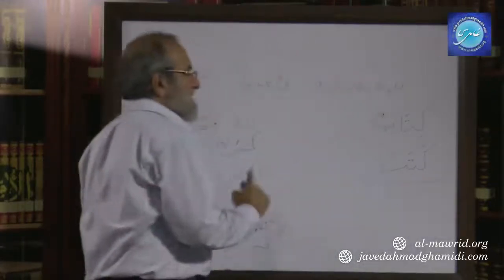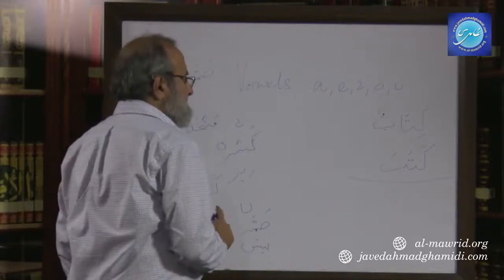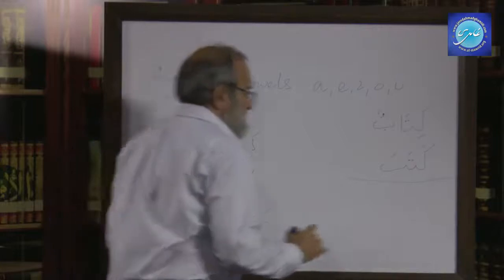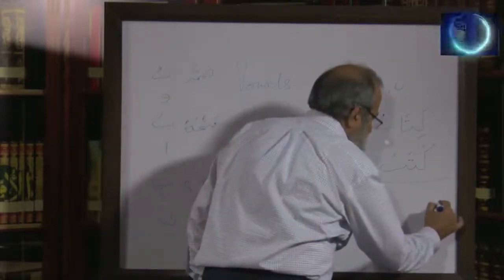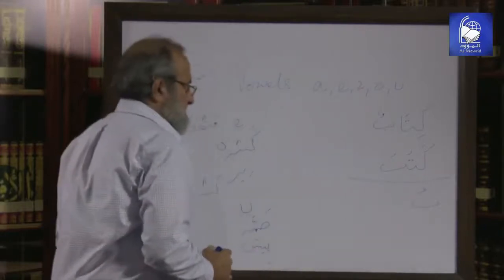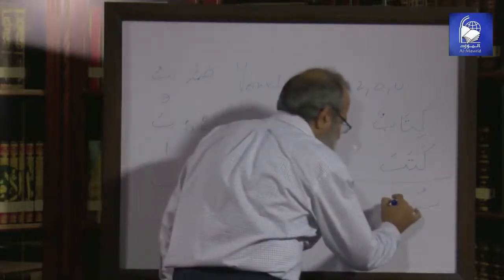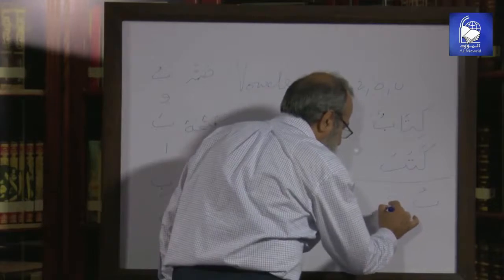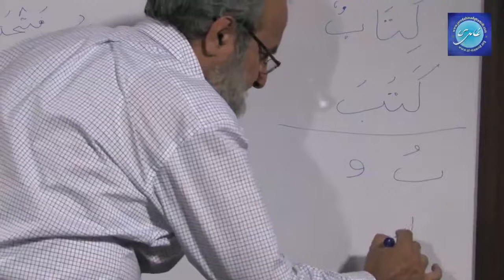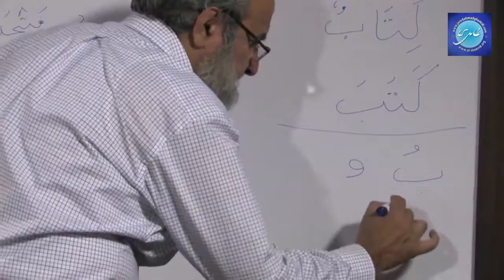If I now use the other vowel, which is dhamma, the equivalent alphabet is vav. And I write a word, let's say noon.